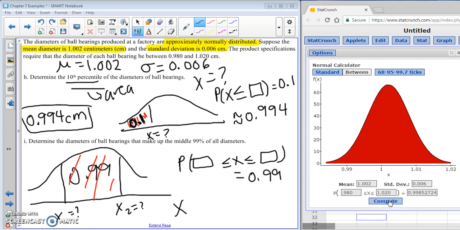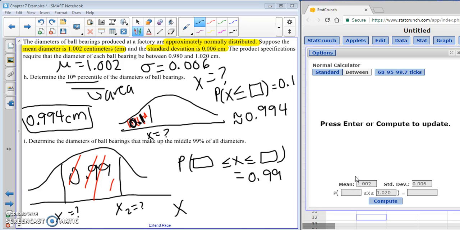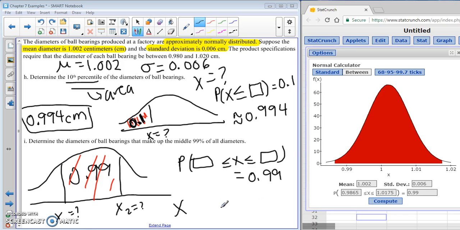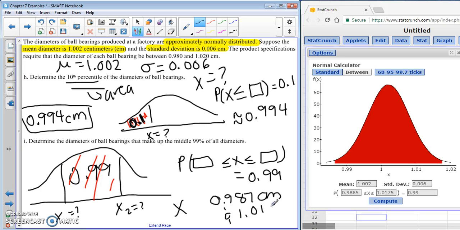Our mean is still the same, standard deviation is the same. We don't know these 2 x values, but we know we want the between area to be 0.99. So we're going to type that in and hit compute. So these are 0.987 centimeters and 1.018 centimeters approximately. So those are our diameters of the ball bearings that make up the middle 99% of all the diameters.